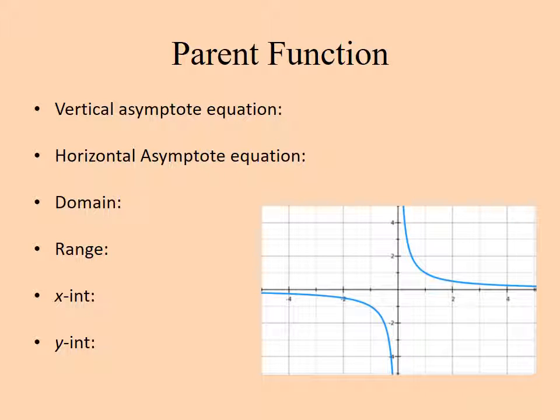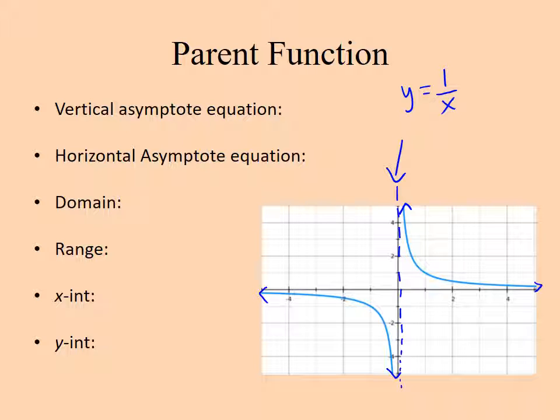This slide explores the parent function y equals 1 over x, which is represented by this graph. You can notice by the graph that there is a vertical asymptote at x equals 0. The graph approaches the line x equals 0 from the left side and the right side.